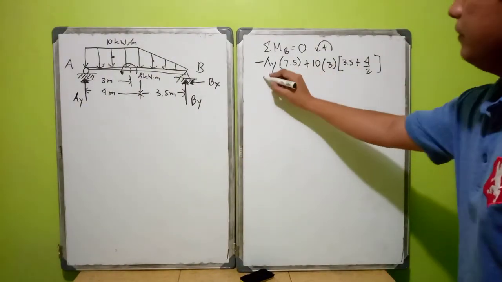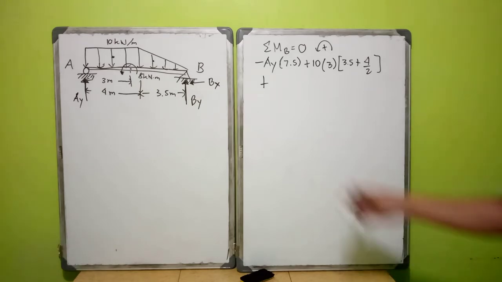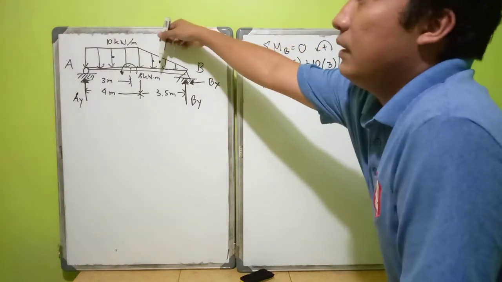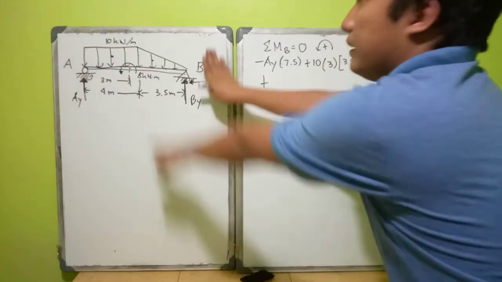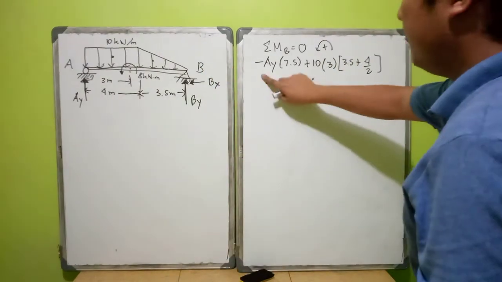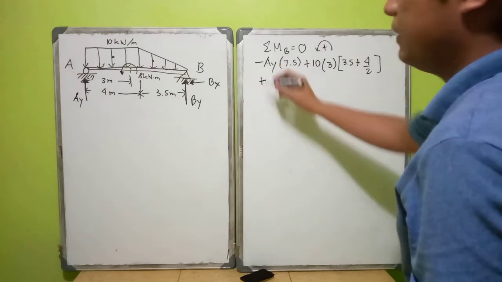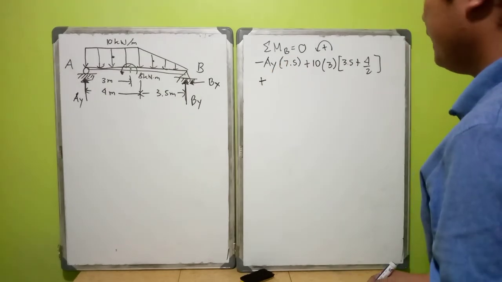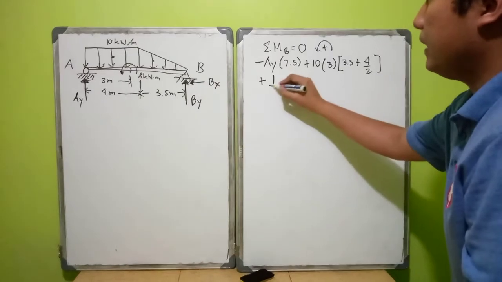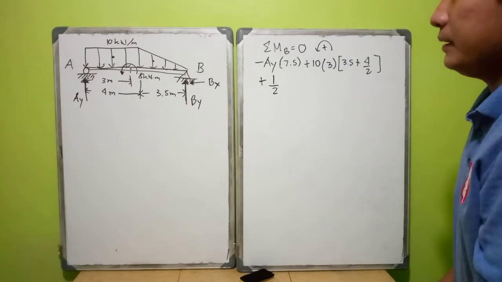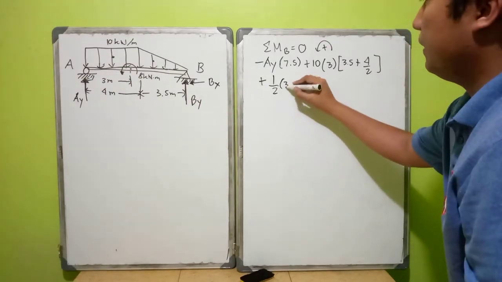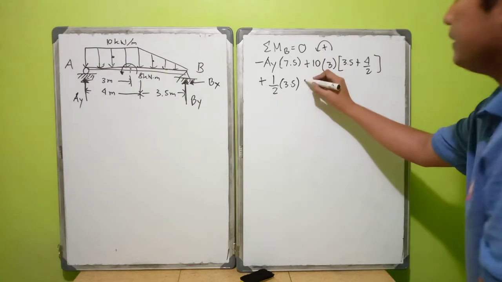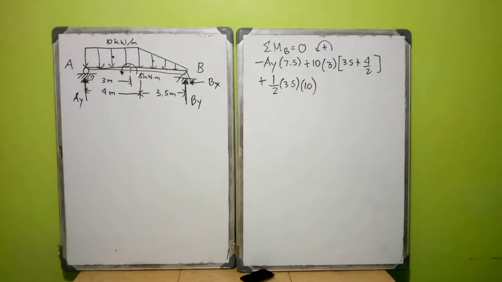Then let's go to the triangular one. Since this triangular portion also rotates counterclockwise, it is again positive. The area of your triangle is 1/2 times B times H. Your B here is 3.5 and your H here is obviously 10 kilonewton per meter.